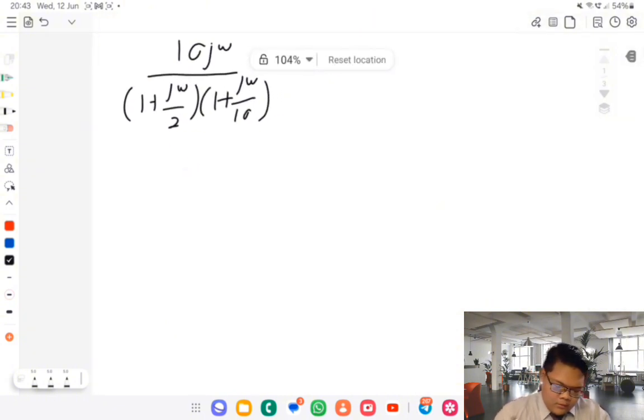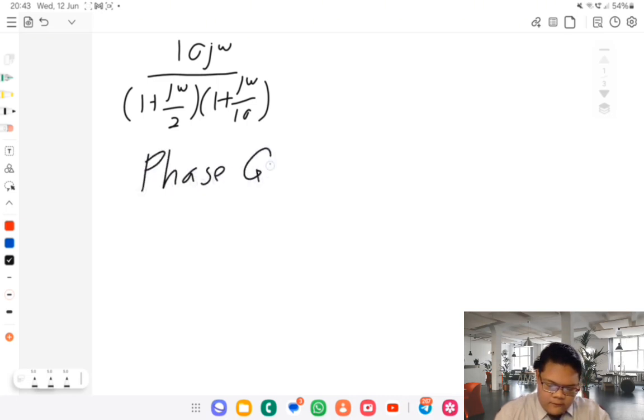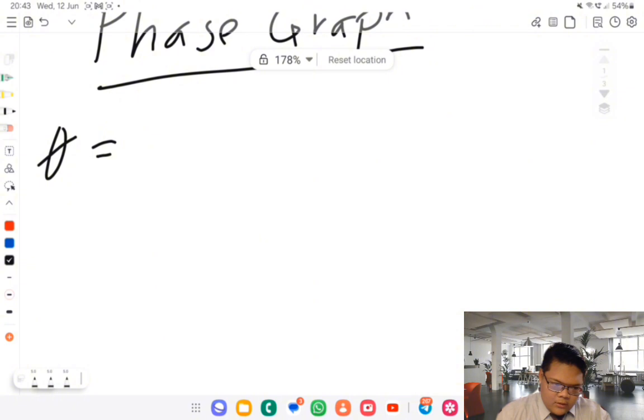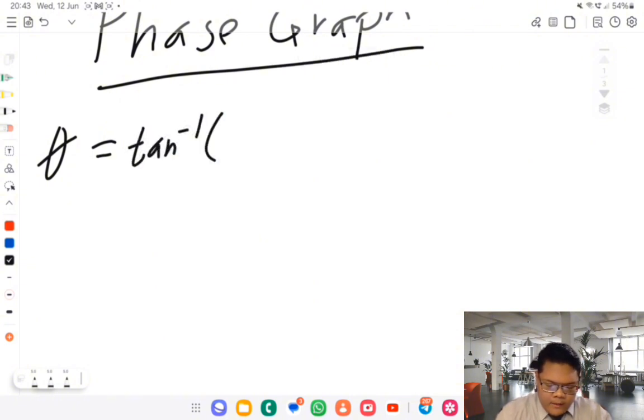Okay, now for the phase graph, first of all, we have to derive the phase graph equation, which is equal to the arctangent of 10 omega over 0.